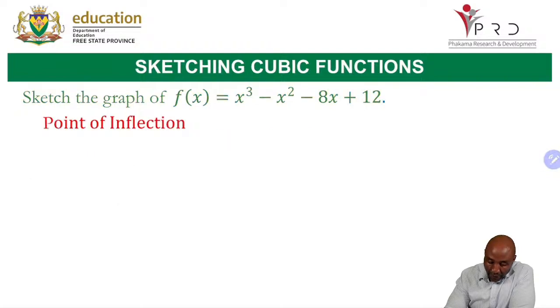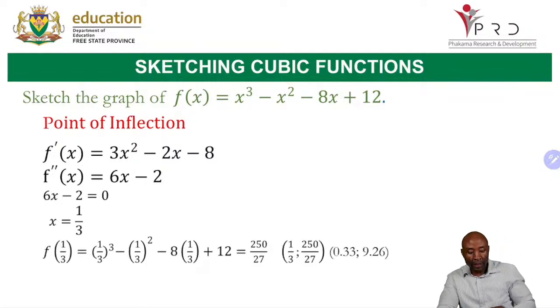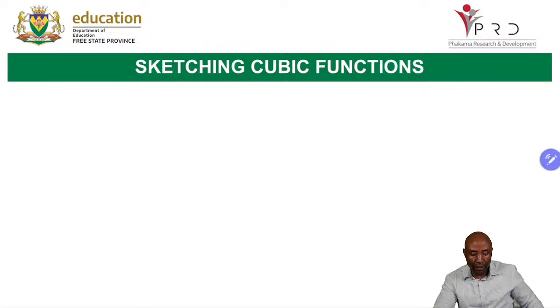And from there, my point of inflection, I'll do the second derivative, and it will give me my x as 1 over 3. That's my point of inflection. I take 1 over 3, I substitute it into the original function, and it will give me 250 over 27. Those are the coordinates of my point of inflection.